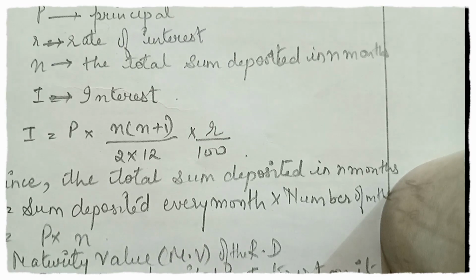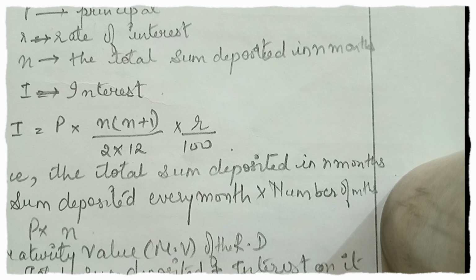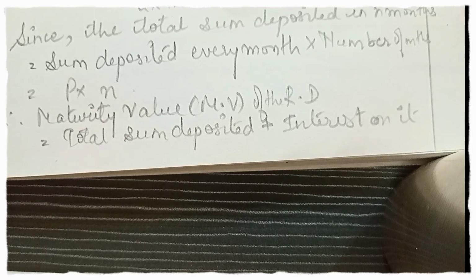I is equal to P into N, bracket N plus 1 over 2 into 12 into R over 100. Since the total sum deposited in N months is equal to sum deposited every month into the number of months, that is P into N. Therefore, the maturity value of the RD is equal to total sum deposited plus interest on it.